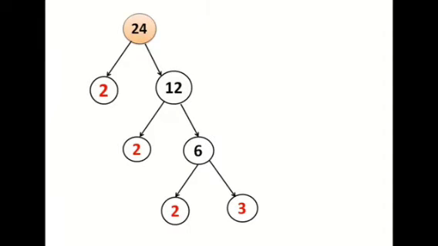You can pick any 2 factors and carry on your factor tree, but the end result will be the same, no matter which ones you start with. So finally, we can write that 24 equals 2 into 2 into 2 into 3. I hope you are clear.